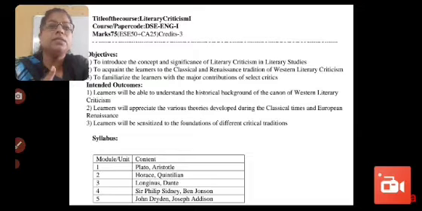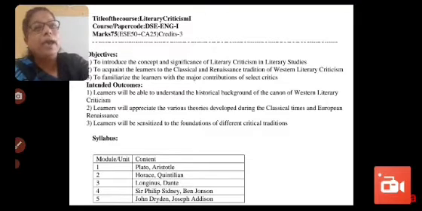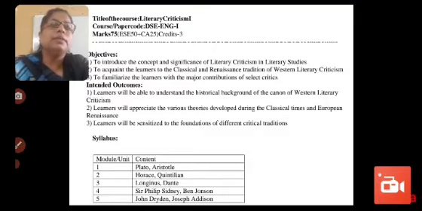We live in the east side of the globe, whereas Europe and America are at the western side. So what happened there in the field of literary and critical studies, right from the ancient times? So here is an opportunity for all of us to study Western literary criticism, and in that the classical as well as Renaissance tradition of that Western literary criticism.